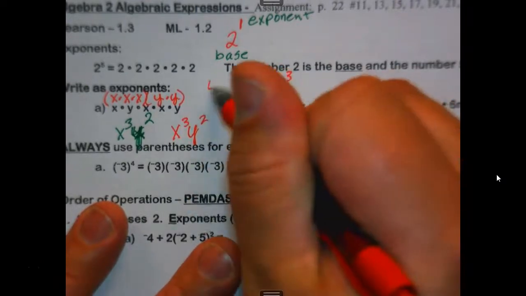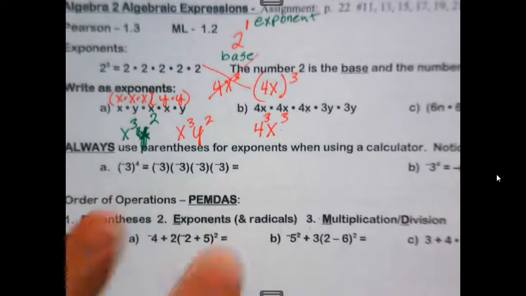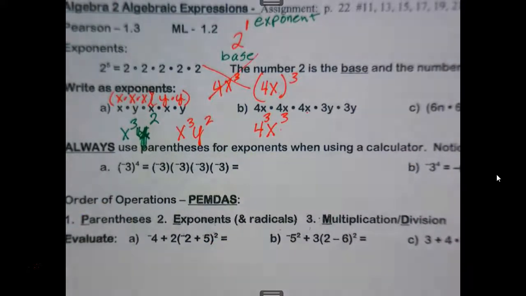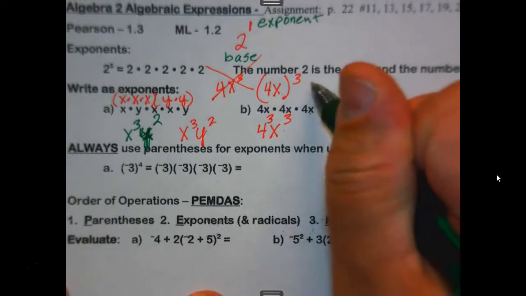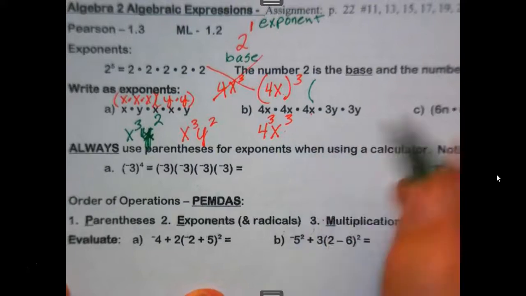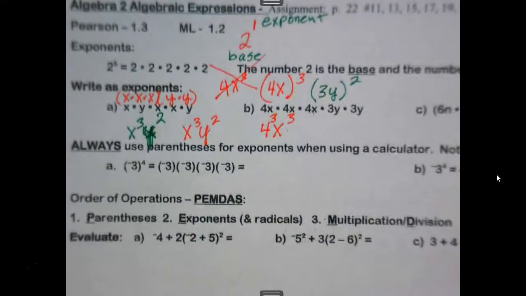If you write 4x cubed, that's an automatic point off. So be careful. And then we have it multiplied by 3y squared. Now, that's a perfectly acceptable answer.